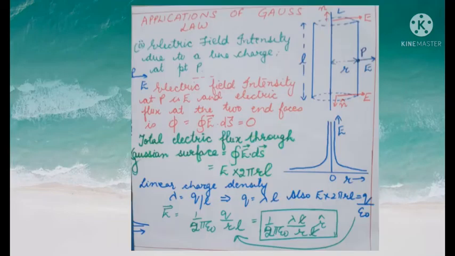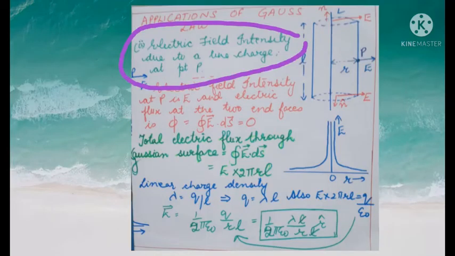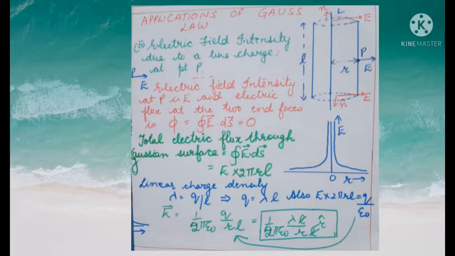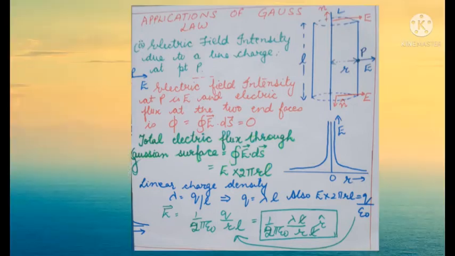Let us start with the next application. Electric field intensity due to a line charge at point P can be calculated using Gauss theorem. So first children, let us understand the diagram. Here we have L as a line charge where all the positive charges are distributed around it.